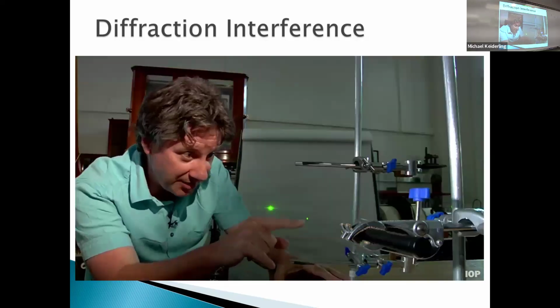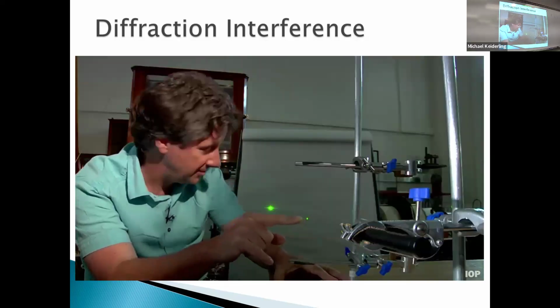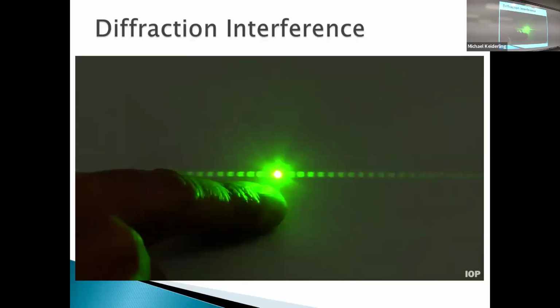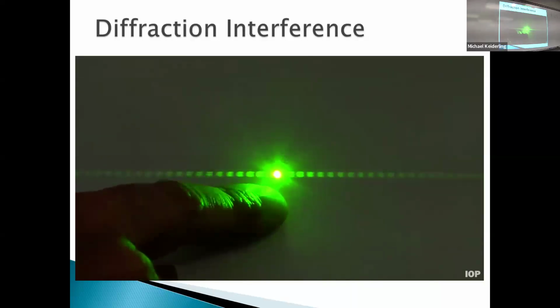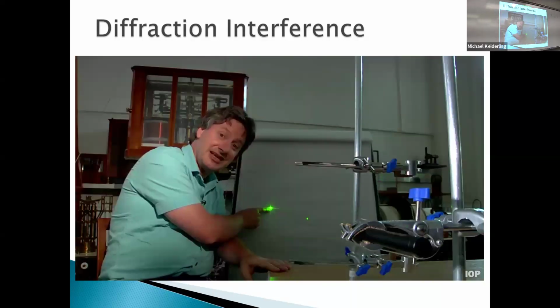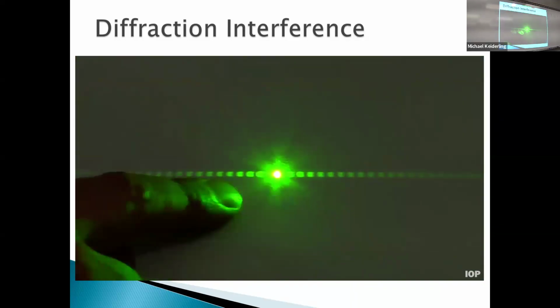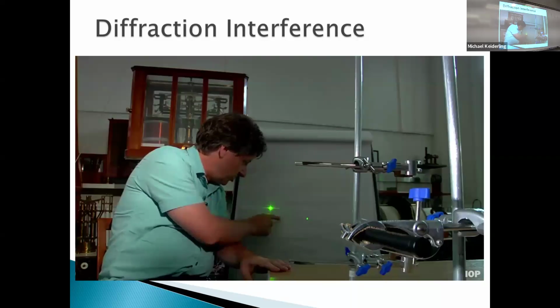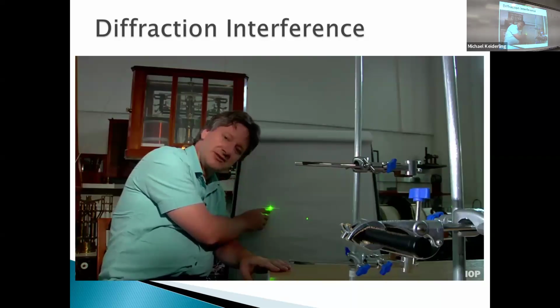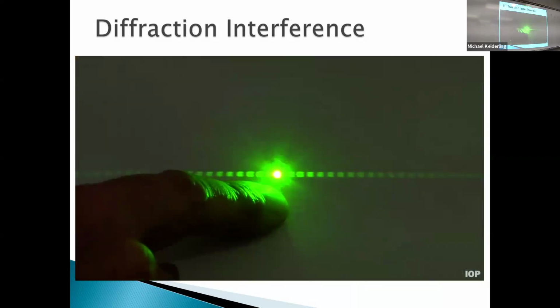You can see here where the light has hit the wire, and on the screen you can see, well, it's not a shadow. There's no line down the middle at all. In fact, that's the brightest part of the pattern. And coming out on either side, horizontally, we can see a pattern of bright and dark regions.